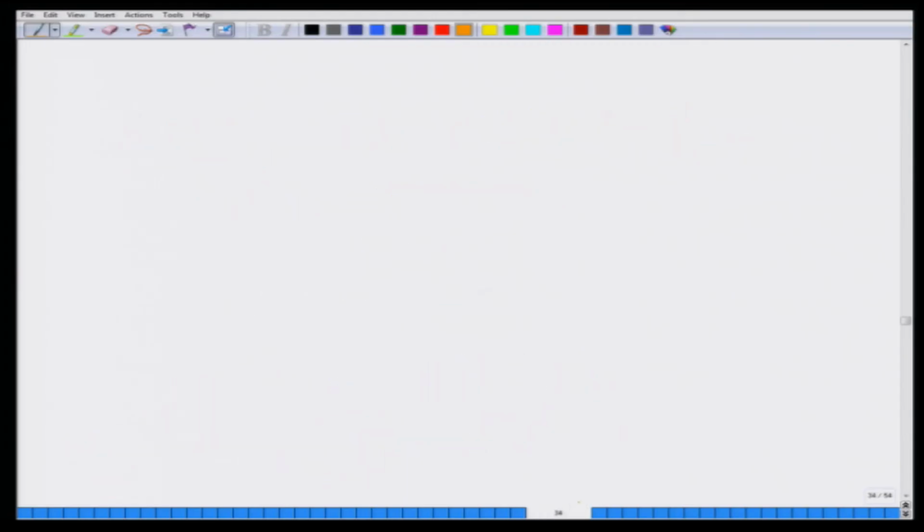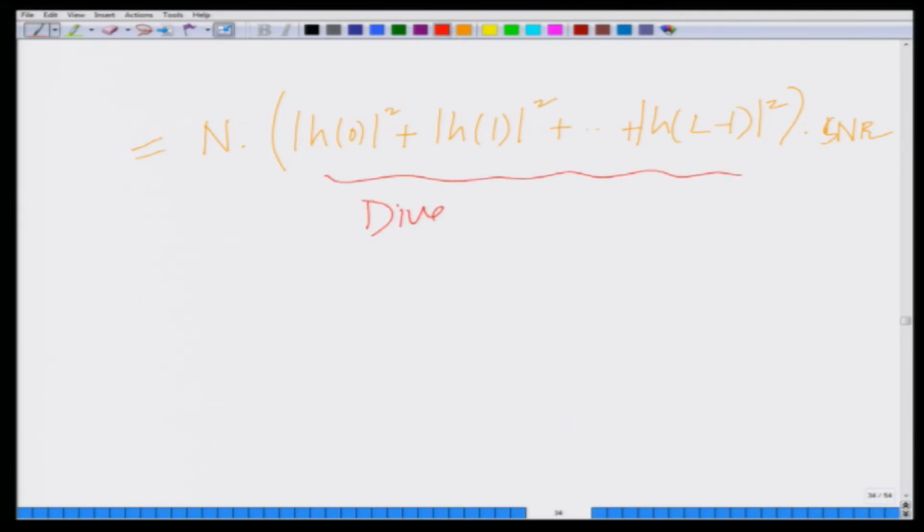You can also look at this norm h bar square, I can write it as magnitude h0 square plus magnitude h1 square plus magnitude h L minus 1 square times the SNR. And you can also see this is basically the diversity combining across the L branches, and this is what leads to your multipath diversity.